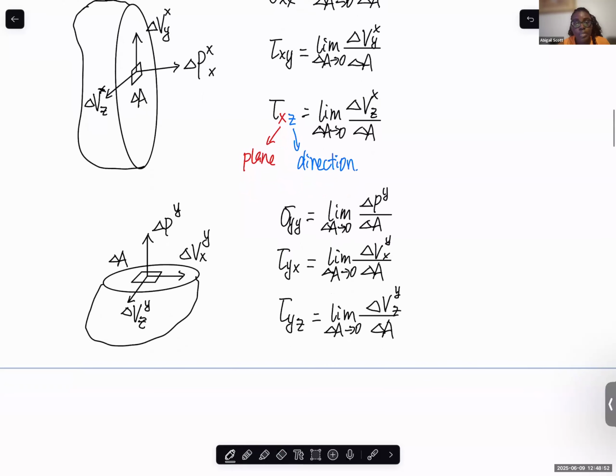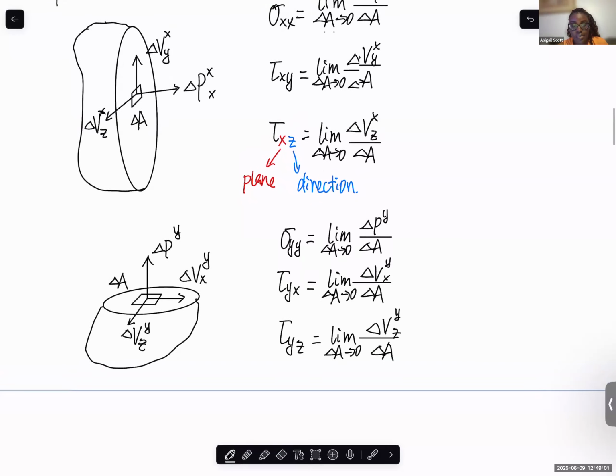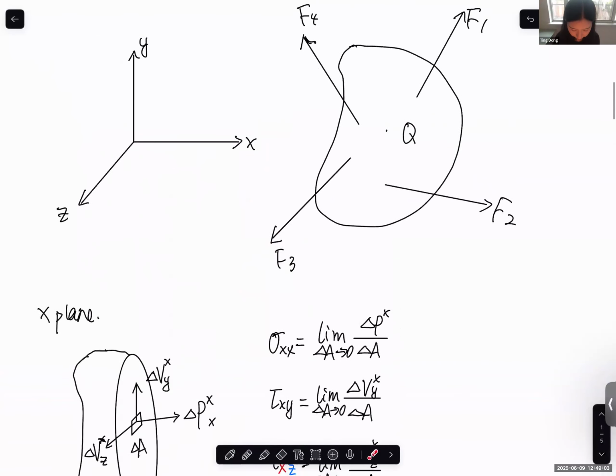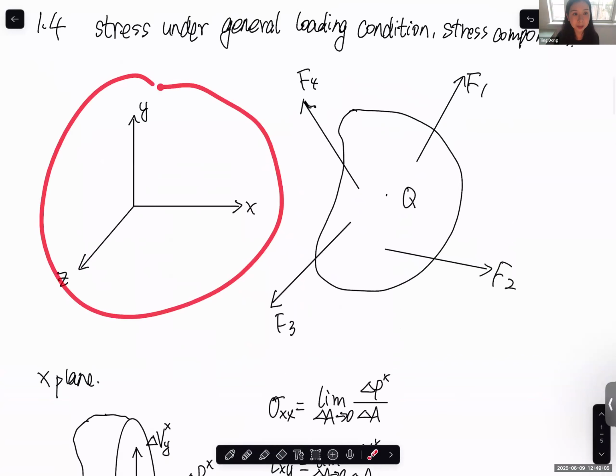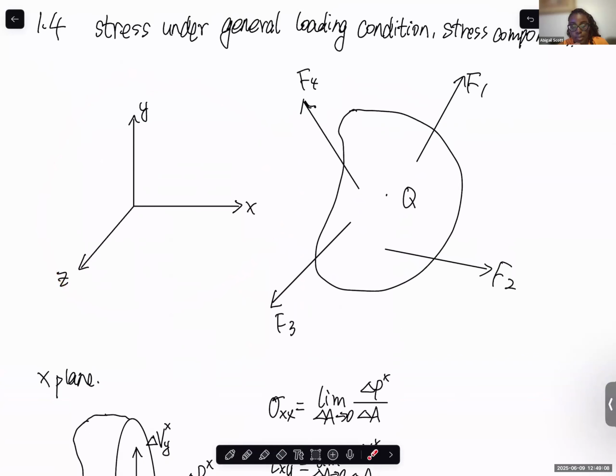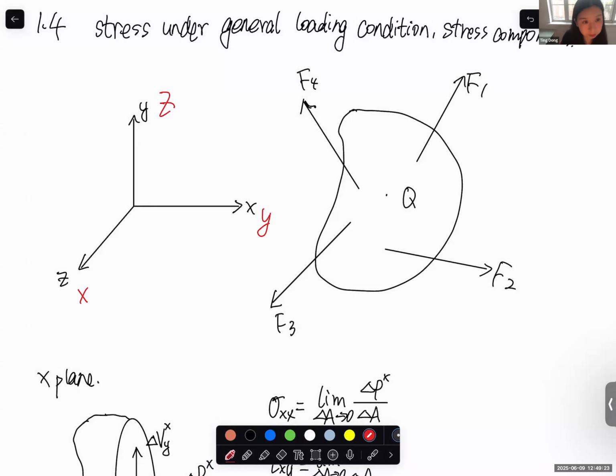I have a quick question. When you're deciding the x and the y plane, is that arbitrary, or is there a way to slice it? This is based on the coordinate system I put here. Let's say x, y, and z. If this is x and this is y, then this is z.